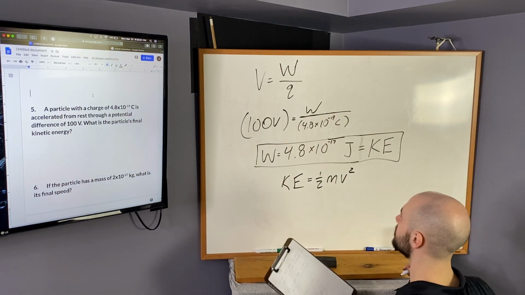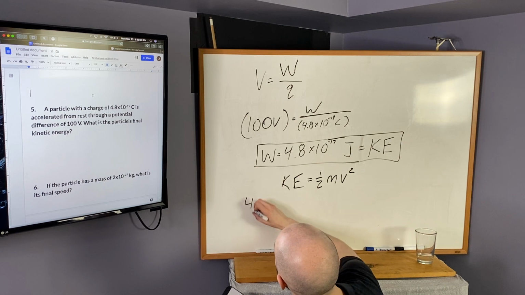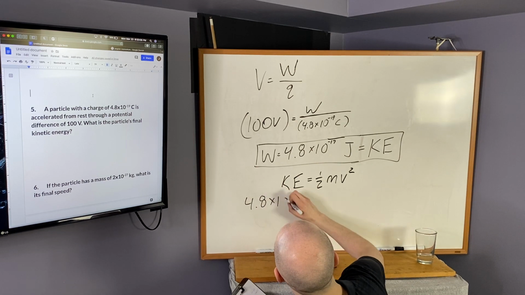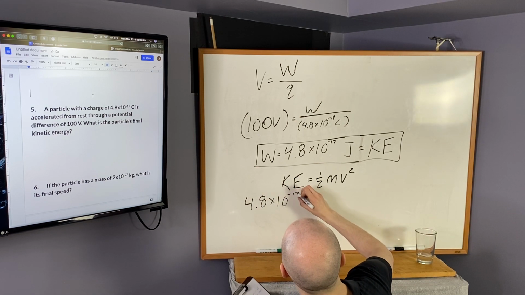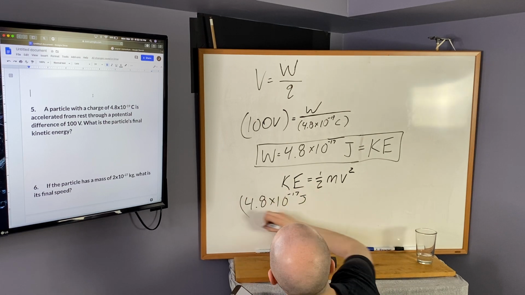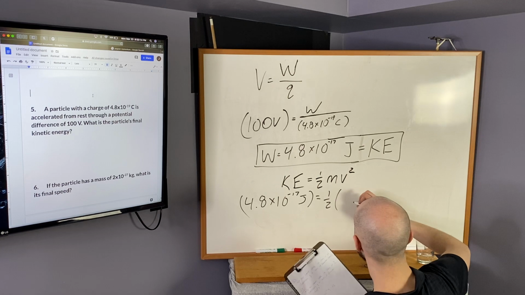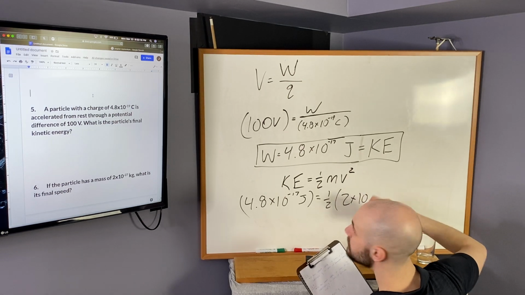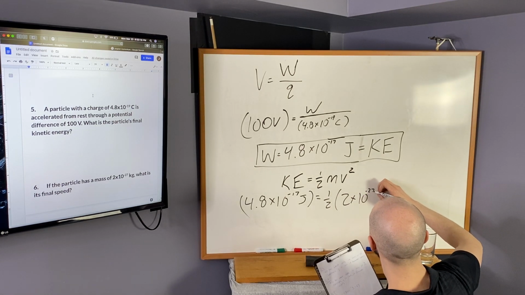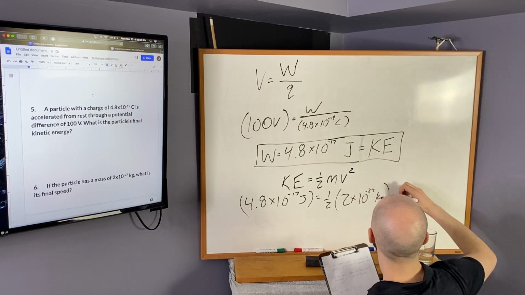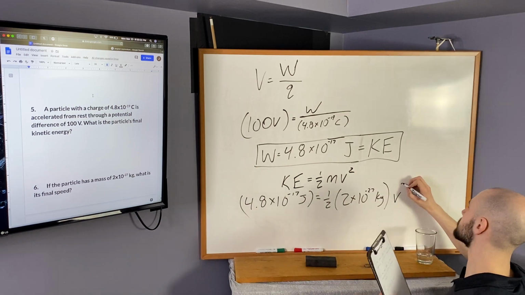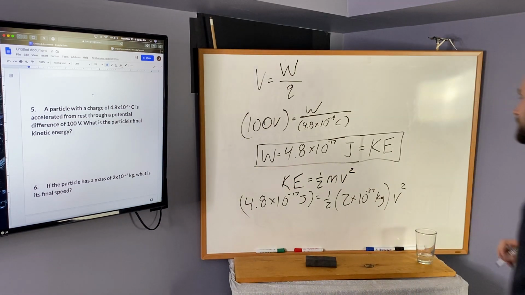Let's plug in what we know with units. We know the kinetic energy is 4.8 times 10 to the minus 17 joules. 1/2, the mass is given to be 2 times 10 to the minus 27 kilograms. We want to solve for this v. Don't forget the square root.